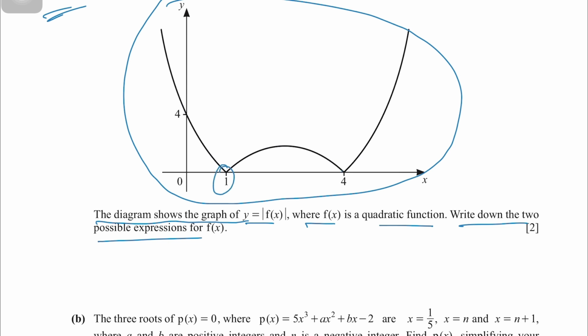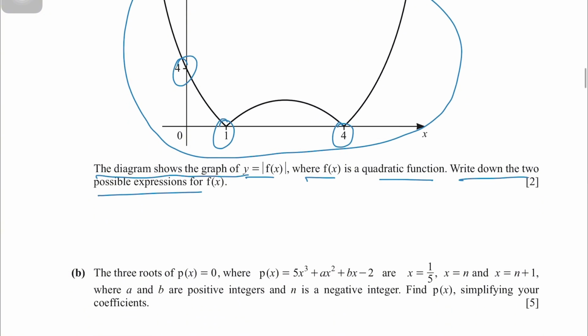Now we have two roots as 1 and 4 and one other point. So there are two roots. We can write this as x equals 1 and x equals 4, or we can write it as x minus 1 multiplied by x minus 4. It can be our f of x, but let's just check this.